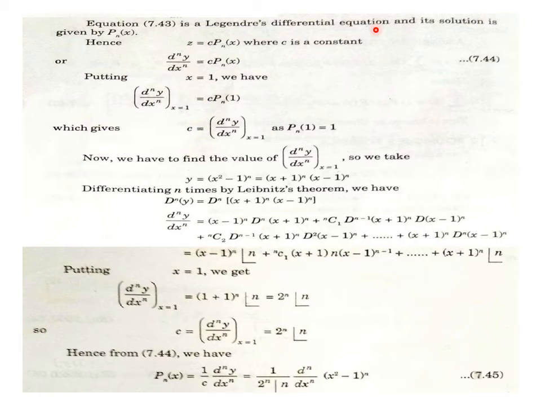That means z must be proportional to P_n(x), and if we take c as the constant of proportionality, we get z = c P_n(x), and z means d^n y/dx^n = c P_n(x). We have already discussed in one of my previous lectures that Legendre's polynomial P_n(1) is 1. So if we substitute x equals 1, then P_n(1) will become 1, and in that case c equals d^n y/dx^n at x equals 1.